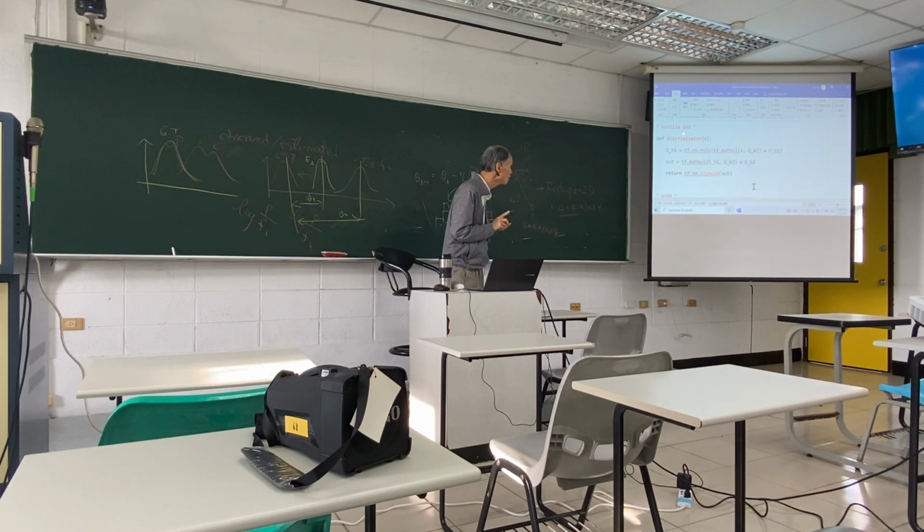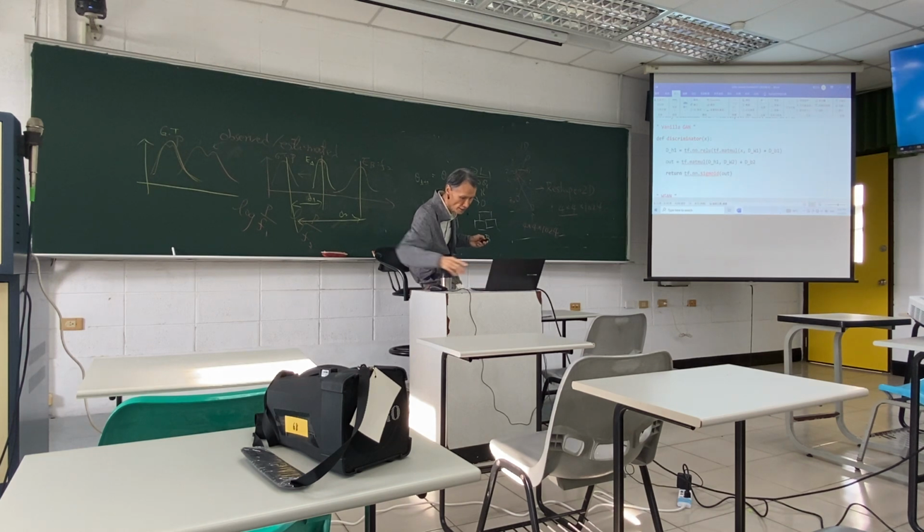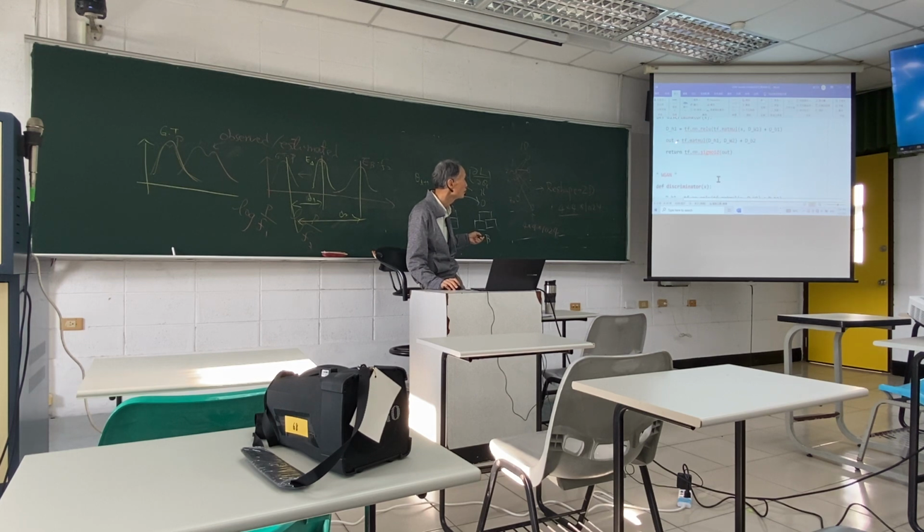In the vanilla GAN it uses sigmoid, but in the W GAN it didn't use it. It simply returns the output. It does not use sigmoid, because sigmoid will limit between 0 and 1.